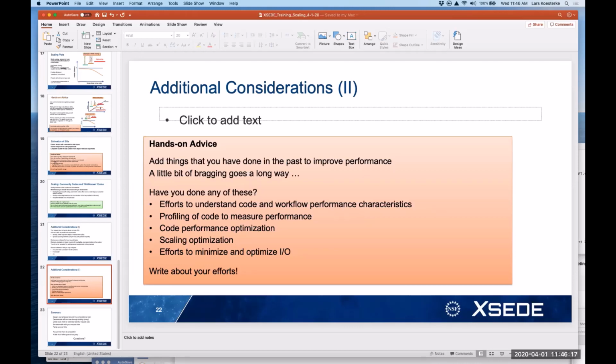And that is perfectly fine. And so you just do scaling tests on the most time-consuming parts, and you just explain a little bit how that works. So that is perfectly fine.